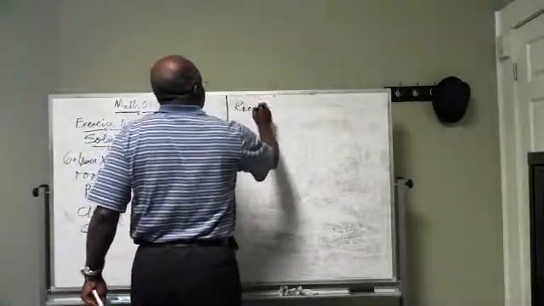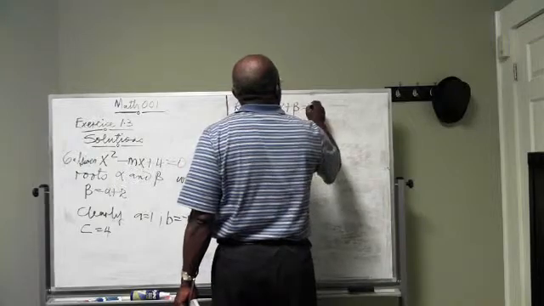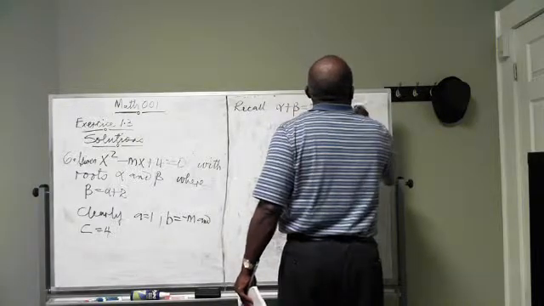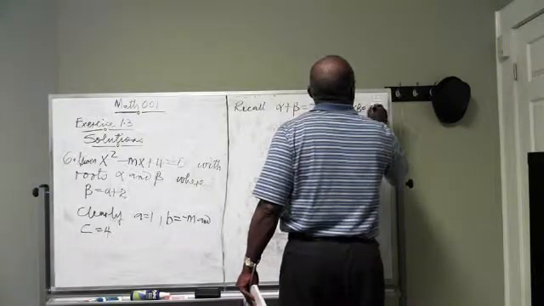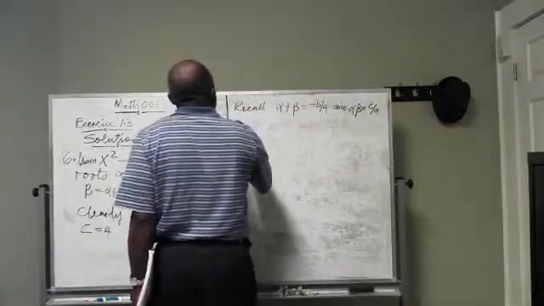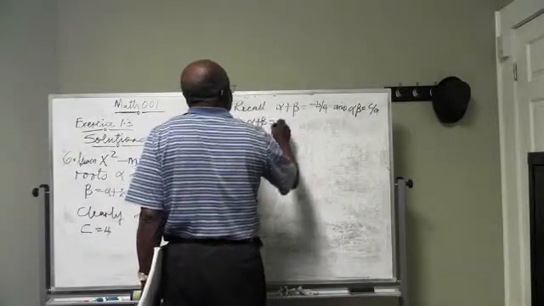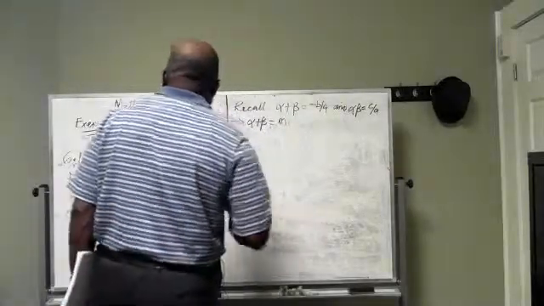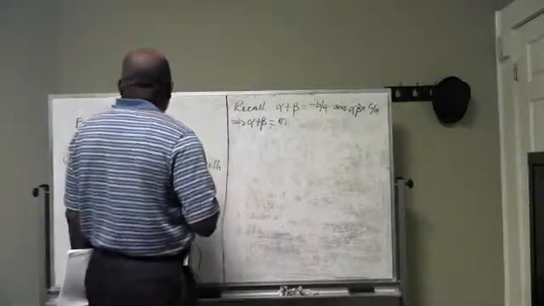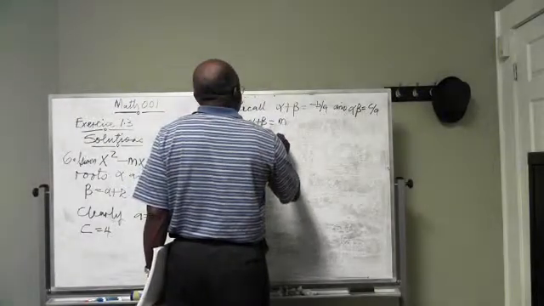Recall alpha plus beta equals minus b over a, and alpha beta equals c over a. This implies alpha plus beta equals m, and alpha beta equals 4.